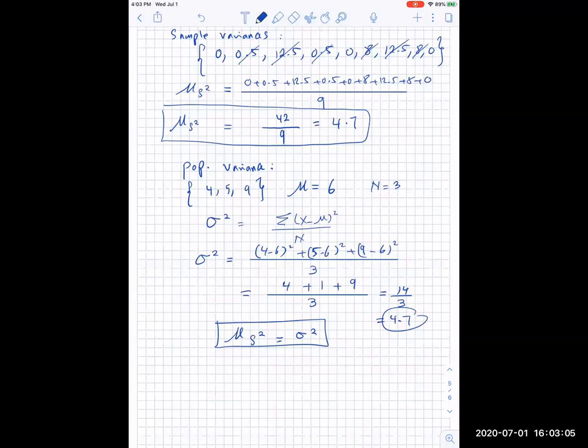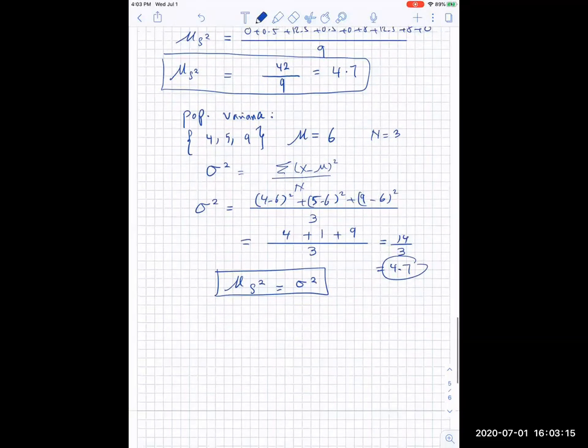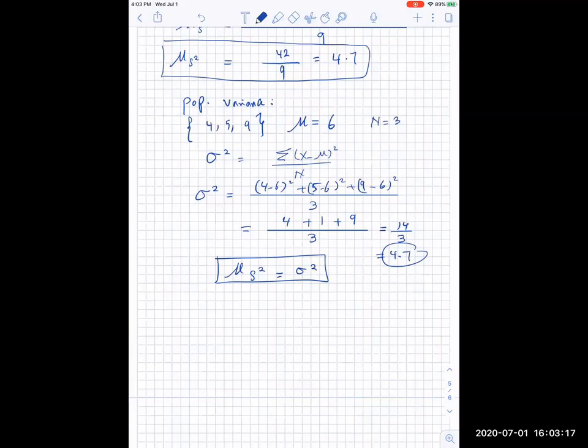So, to conclude this section, we're going to say at the end that we have unbiased estimators.